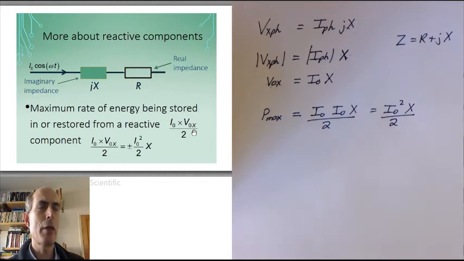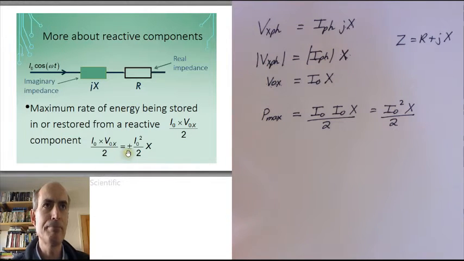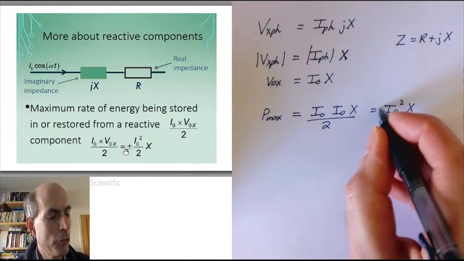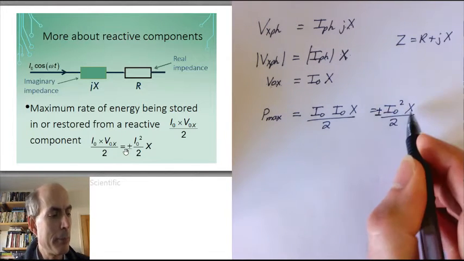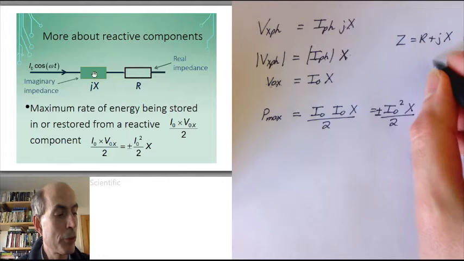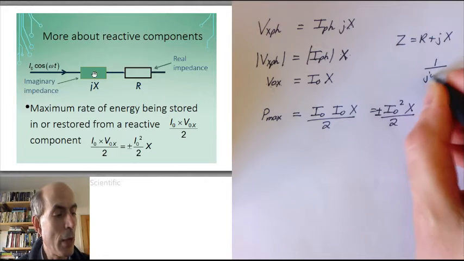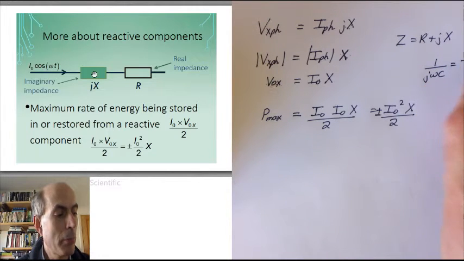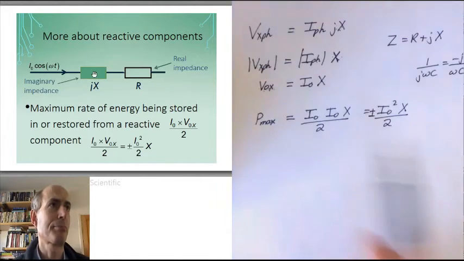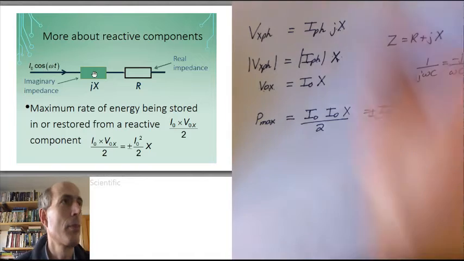Except that I have to put a plus or minus in there. And the reason I have to put a plus or minus in there is because X can be negative. In fact, if this was a capacitive component, a capacitor has a complex impedance of 1 over j omega C, or minus j over omega C. It has a negative imaginary part.